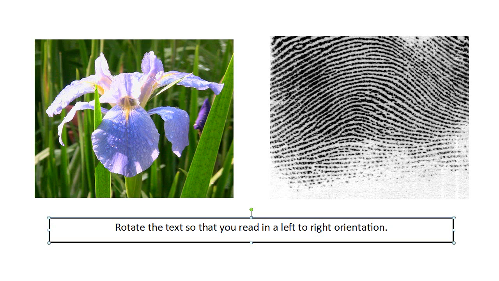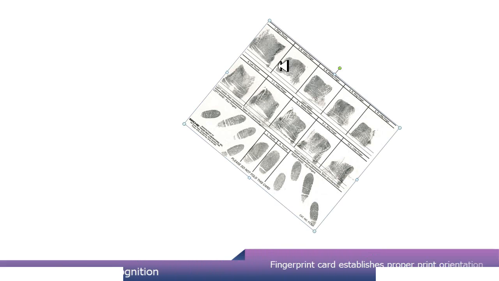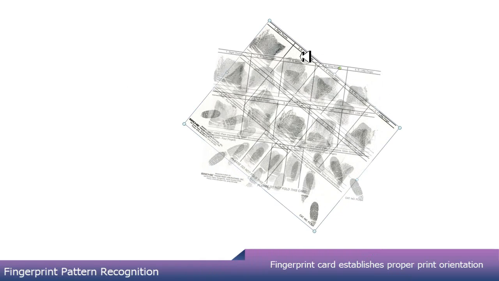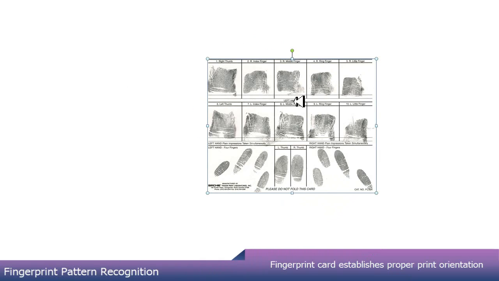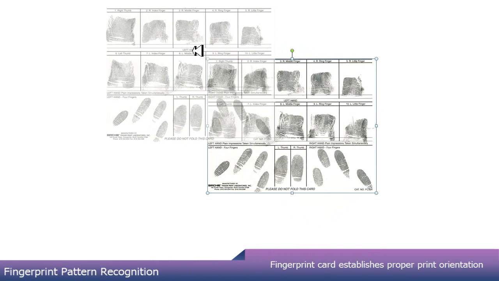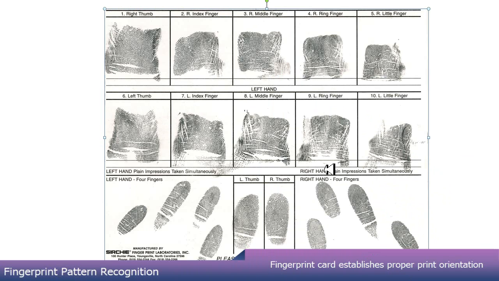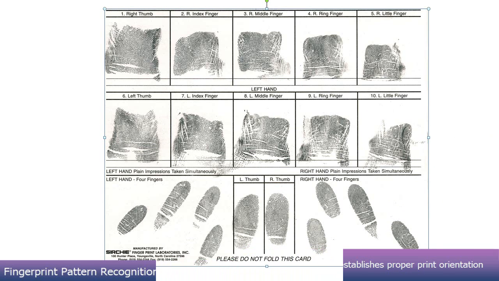Let's see how that relates to fingerprints. Now this is a fingerprint card, and I will orient it properly by rotating it. And the first way that you know orientation is by the text. If you pick up anything, you will usually hold it and read it so that you're reading left to right.